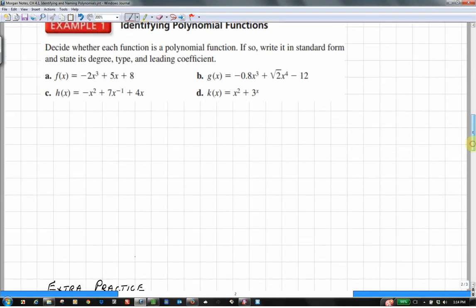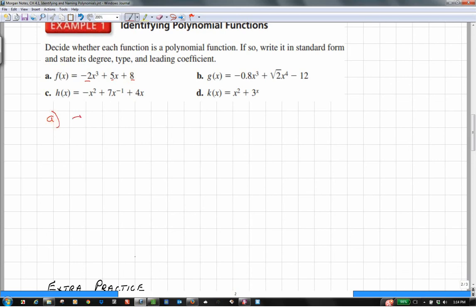Okay, so what I'm going to do first is we're just going to see if these are polynomials. Then we'll come back and name them in a second. Okay, so the first one, I'm going to look at the leading coefficients. I have a negative 2, I have a 5, and an 8. There are no imaginary numbers for the coefficients, so it passes the coefficient test.